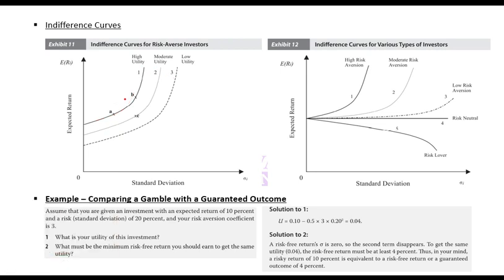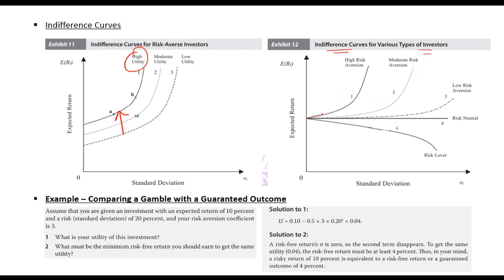Which means that any investor would want to go towards the highest indifference curve in order to get the highest utility. Is it clear?